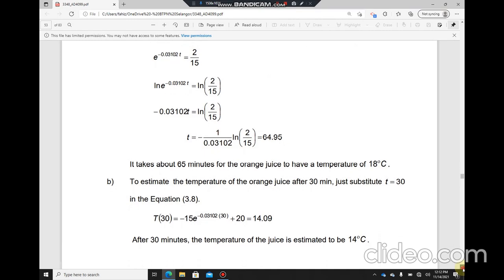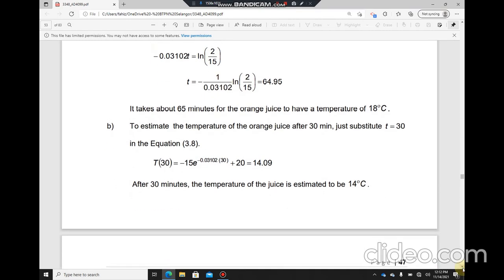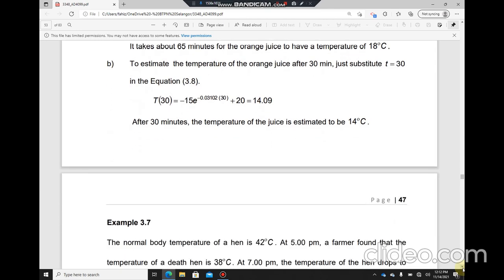Okay, so this one for question A, and then for question B, to estimate the temperature of the orange juice after 30 minutes, just substitute T equals 30 into equation 3.8. Yang B ni pun sama, bila awak dah ada equation yang asal ni, kita dah ada nilai K dengan A. Then you just substitute the value of T sebab dia nak the temperature of the orange juice after 30 minutes.